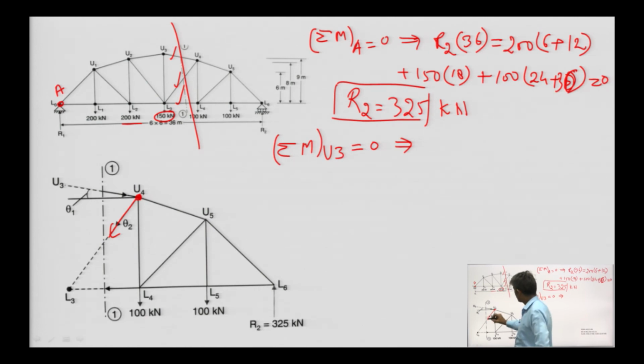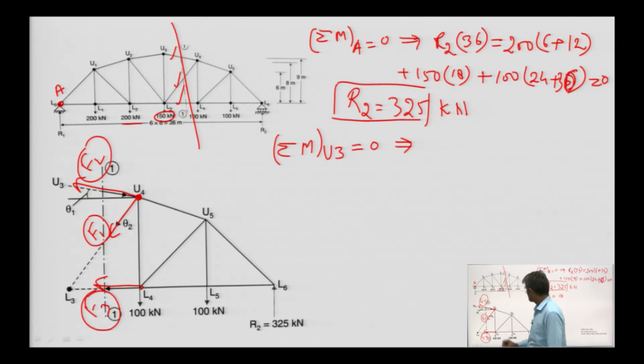Suppose I am writing this force as F1, this force in this direction as F2, and this force as F3. F1 and F2 both have perpendicular distance 0 if you are taking the moment at this point. This point is actually u4, not u3.